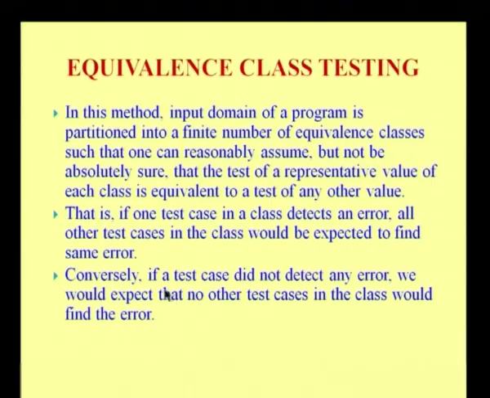Conversely, if a test case did not detect any error, we would expect that no other test case in that particular class would find the error. So, as we have discussed in two different cases, we will cluster a group of independent test cases into one group.